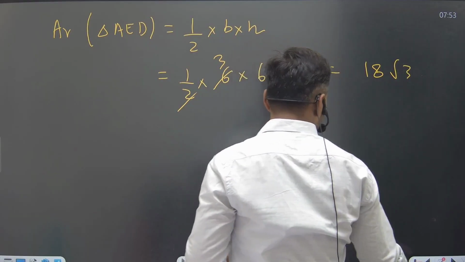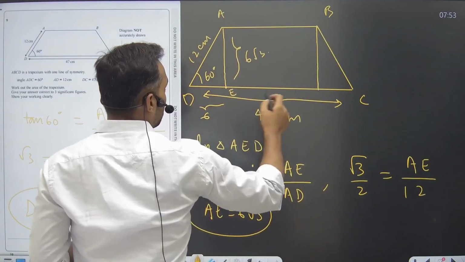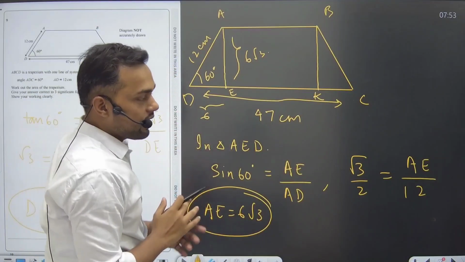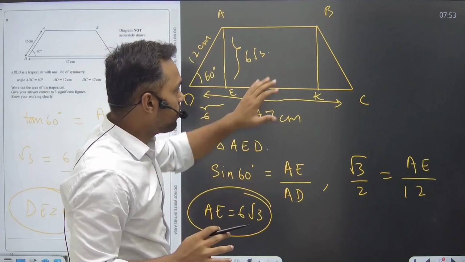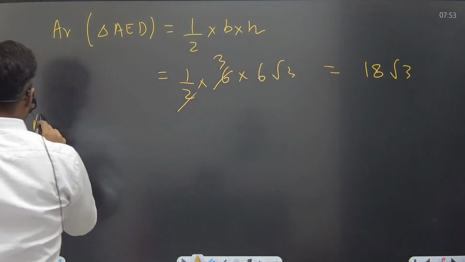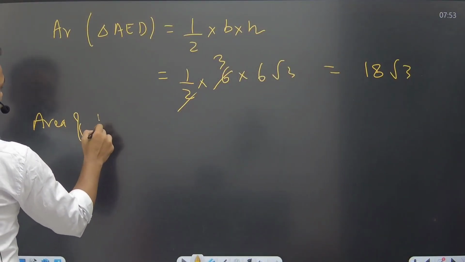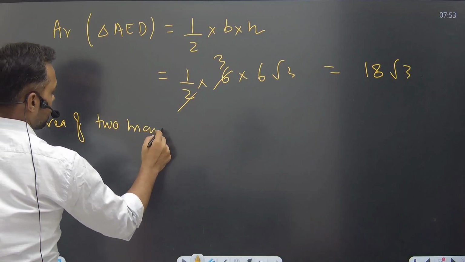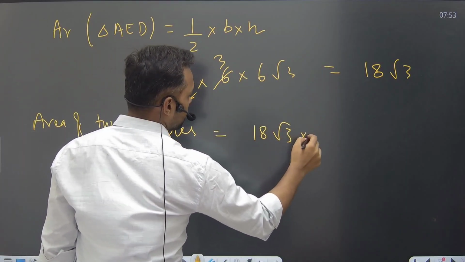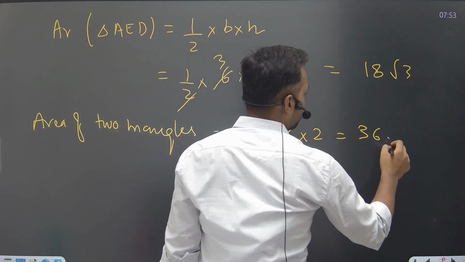Okay, and similarly if I mention this point as BKC, there are two triangles of this trapezium, so the area of two triangles will be 18 root 3 cross 2, that is equal to 36 root 3.